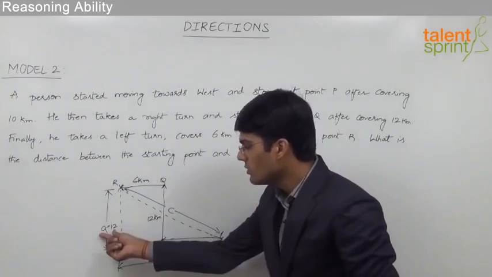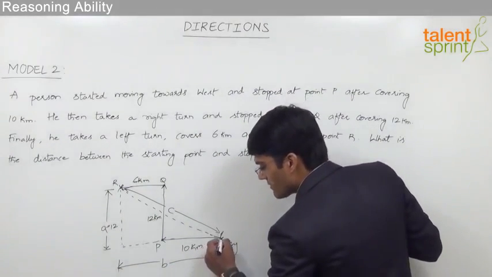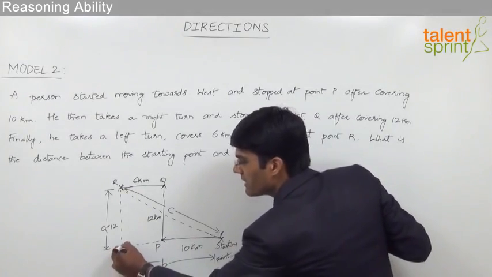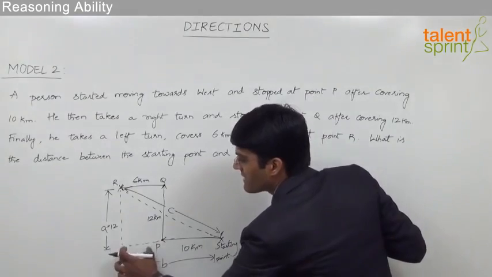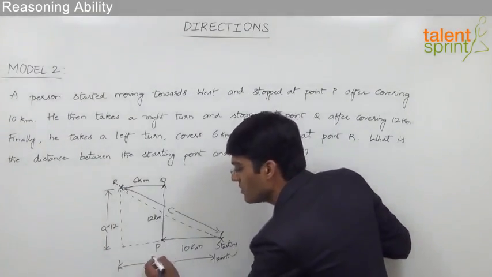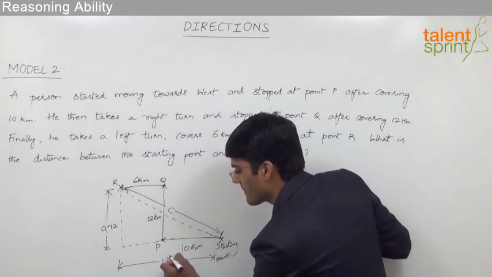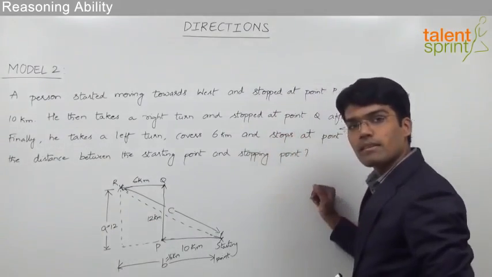So A will be equal to 12 kilometers and B is nothing but the total length from starting point to the point here. And that can be taken as the sum of 10 kilometers plus 6 kilometers as these two lengths are parallel to each other. So B will be equal to 16 kilometers as it is the sum of 10 plus 6, 16.